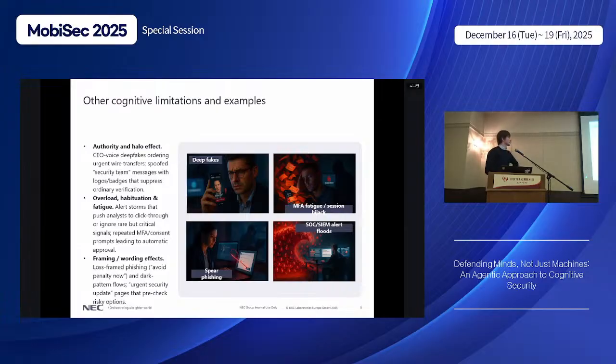You can use what they call the authority and halo effect to, for instance, create deep fakes by pretending you're the CEO of a company, overload and habituation fatigue by sending several multi-factor authentication requests, or flooding a SIEM or a SOC system, and then spear phishing.